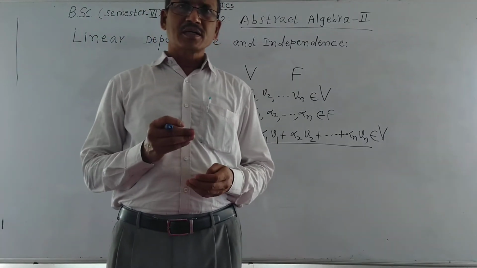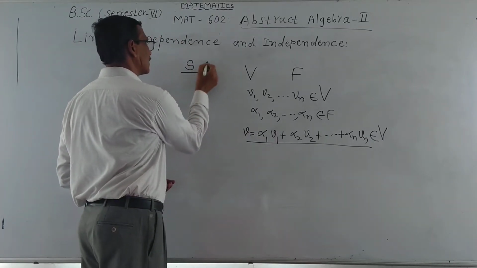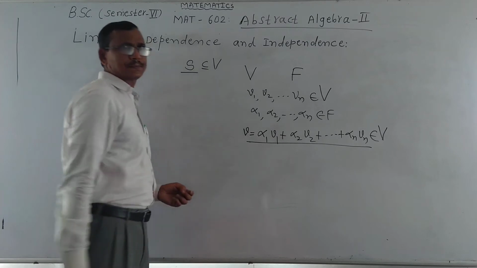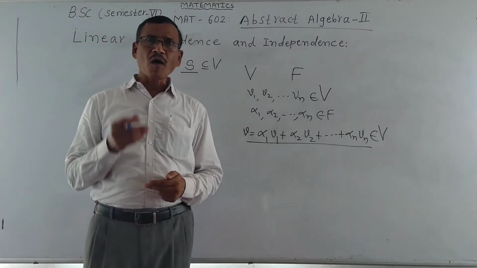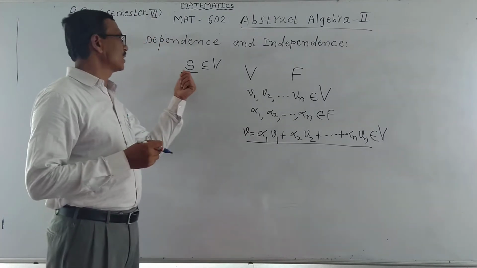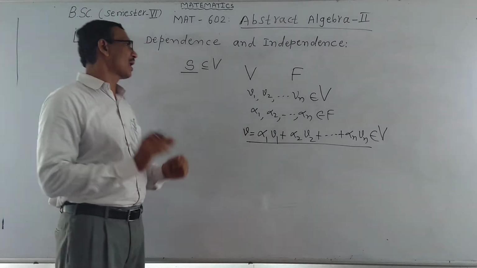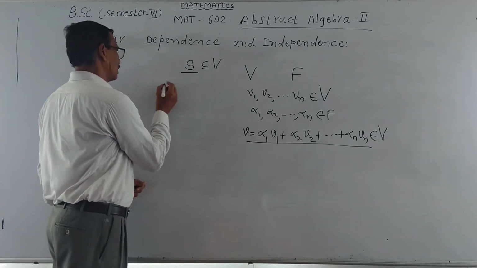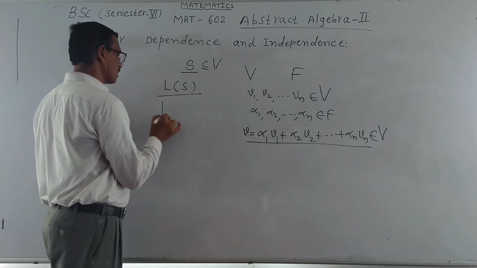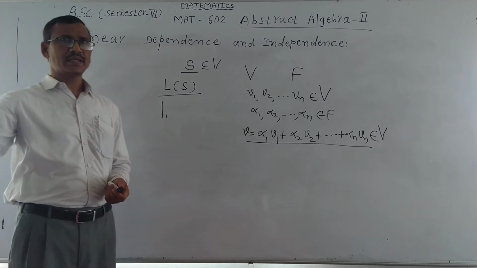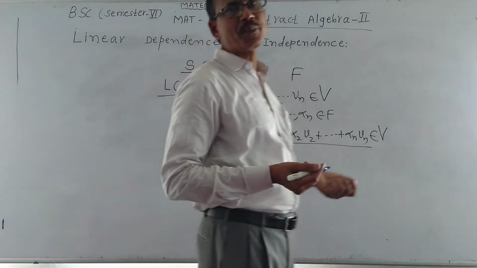And if we consider S is a subset of V, then the set of all linear combinations of elements of S is denoted by L of S, and it is called the linear span of S. What is the linear span of S?